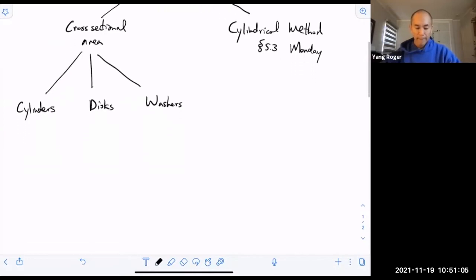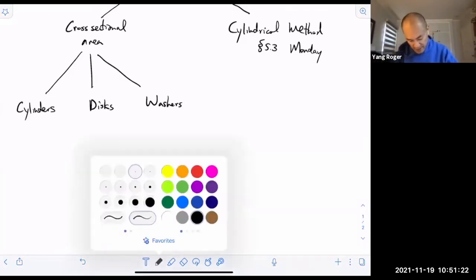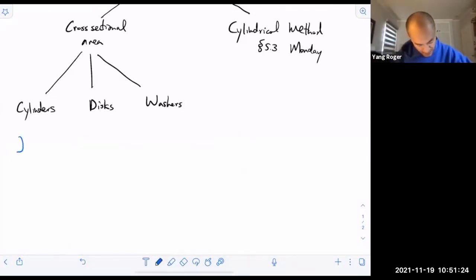Now, the cylinders, when you look at a cylinder, it doesn't necessarily have to be a circular cylinder. So a circular cylinder looks like this. It looks like a can.